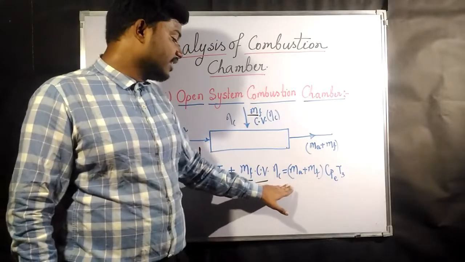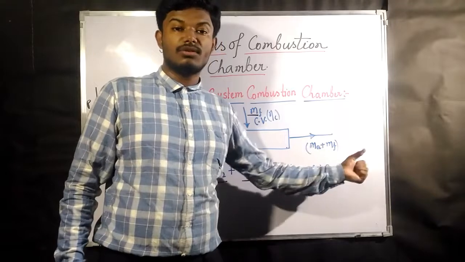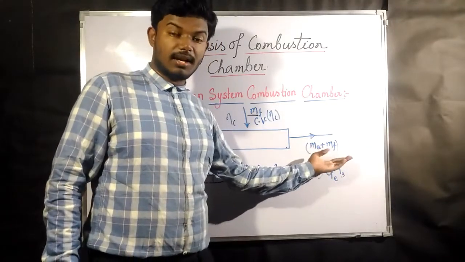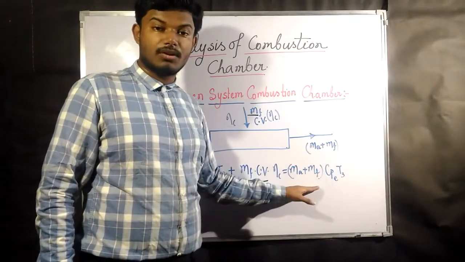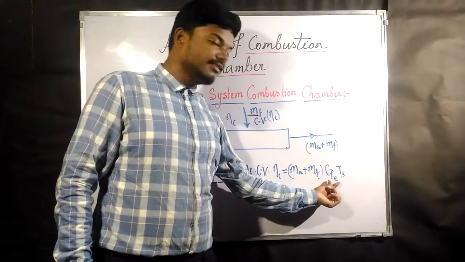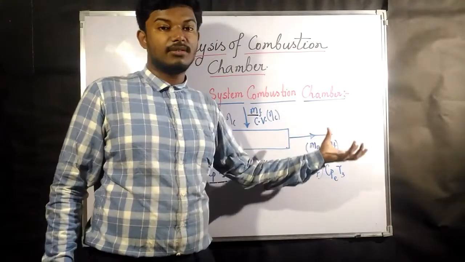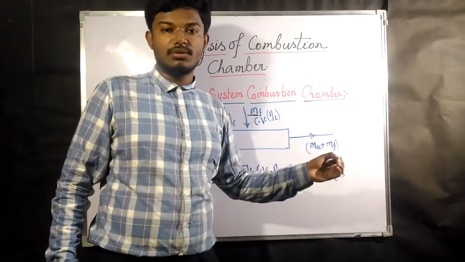That is eta C, the efficiency of combustion. Equal to what? With whatever enthalpy the product is going to come out. What is the enthalpy here? The total mass coming out is mass of air plus mass of fuel, and the Cp exit, Cp suffix E. Now this is going to be a different fluid altogether, so the Cp value is going to change.